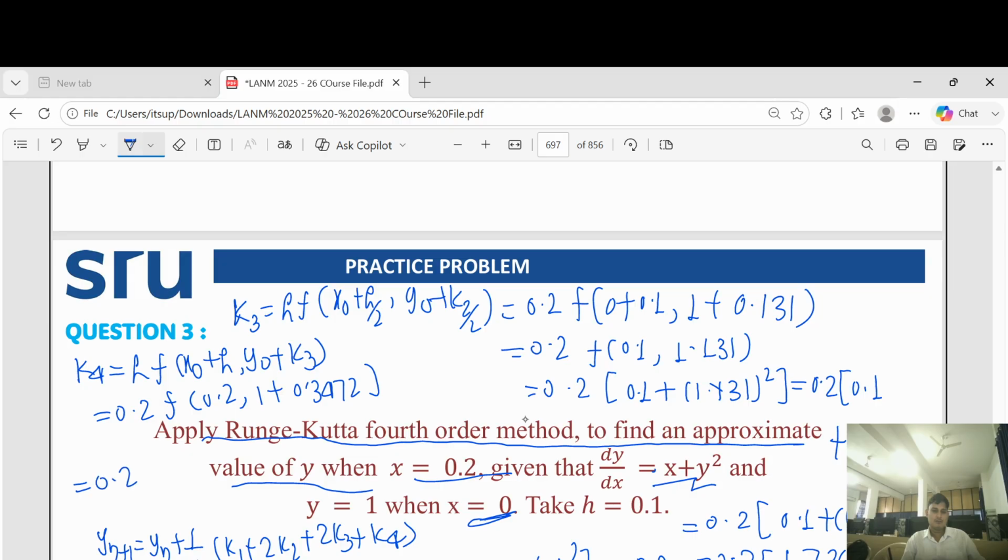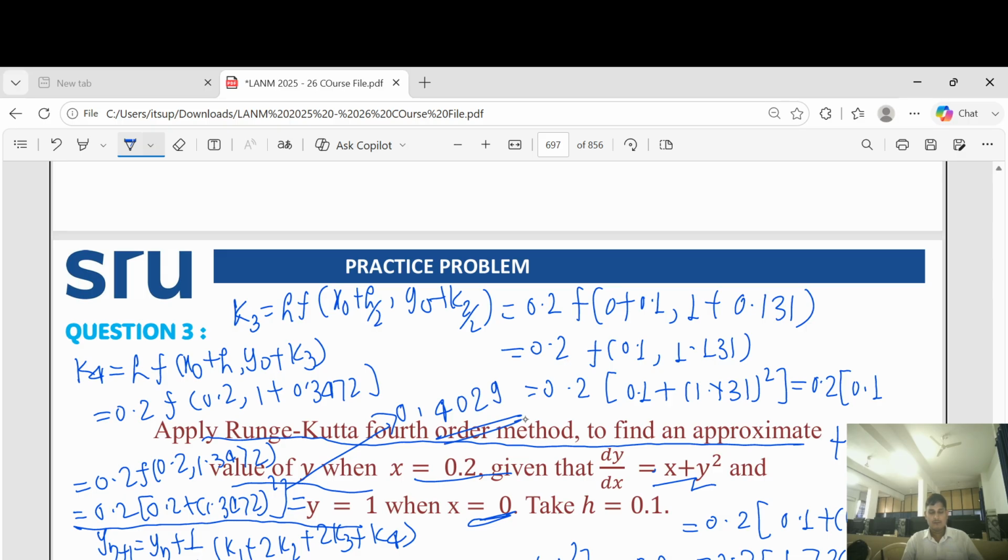So this becomes 0.2 f of 0.2 comma 1.3472. That is 0.2 plus 1.3472 whole square, multiplied by 0.2. So the overall answer is 0.4029.